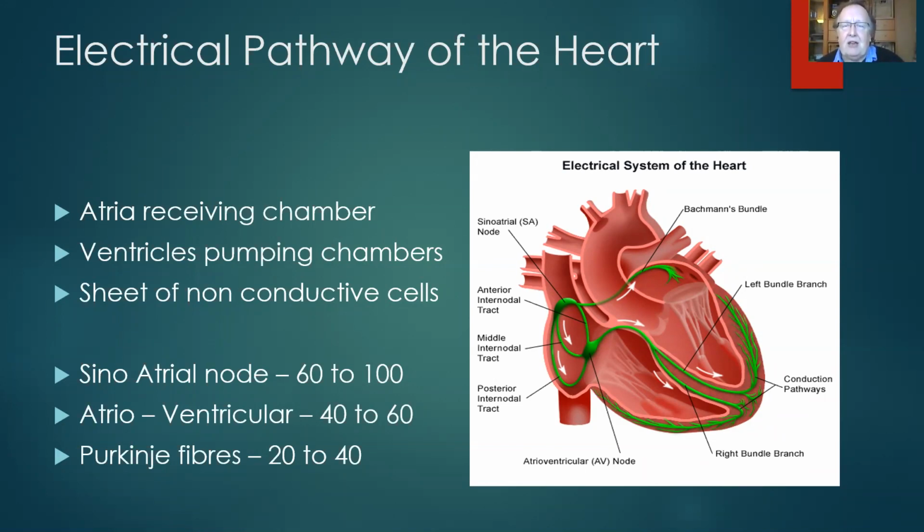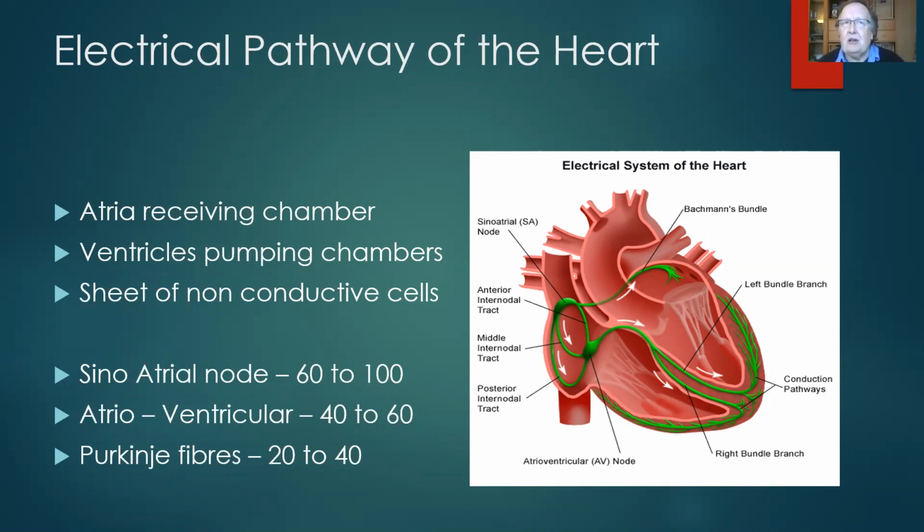In between the atria and the ventricles is a sheet of non-conductive cells. And the pathway between the top and the bottom half of the heart is the AV node. And we're going to consider him as a postman. That is, the SA node sends a letter to the AV node. The AV node, the postman, reads that letter.